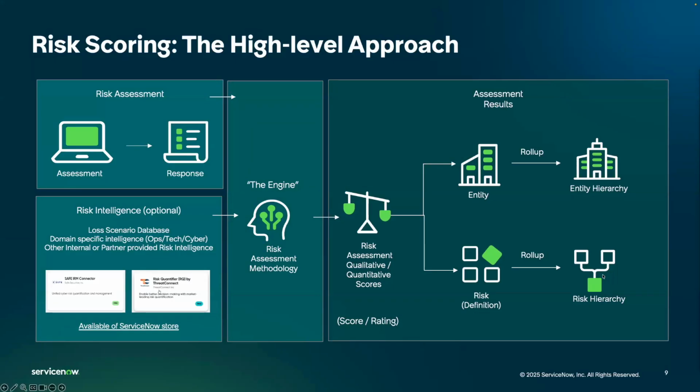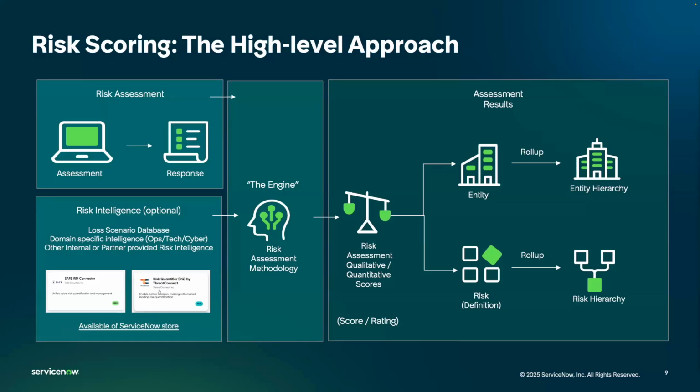Second, the risk hierarchy. Child risks roll up to the parent risk statements and ultimately to enterprise risk categories. This gives you aggregated risk exposure by risk type. Together, these roll-ups enable executive dashboards that show true organizational risk posture, not just individual data points.